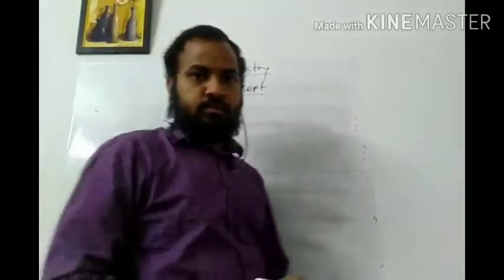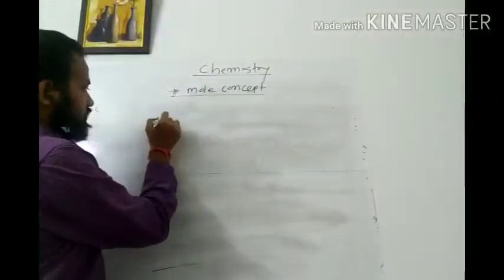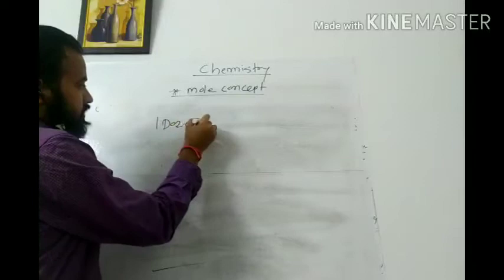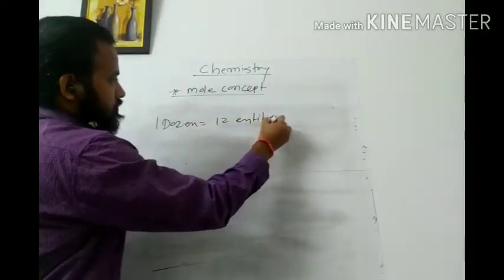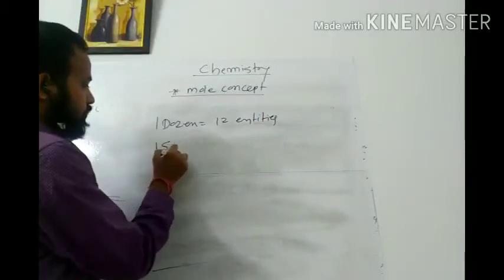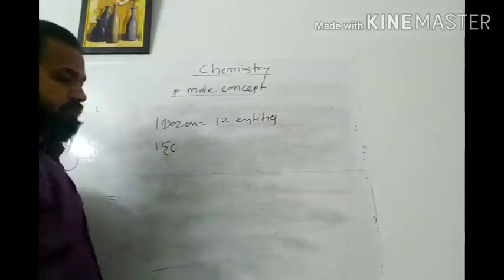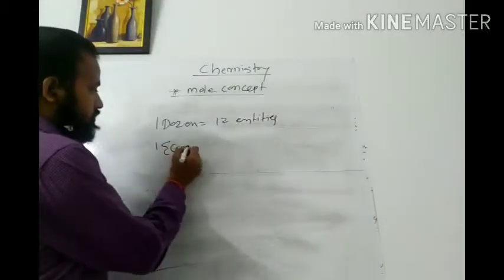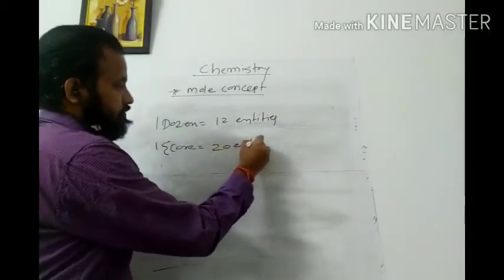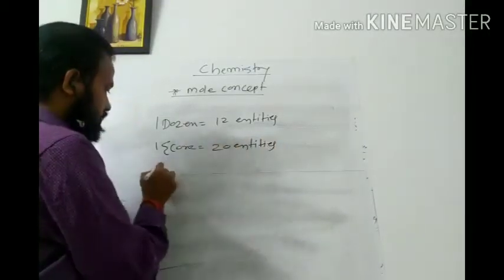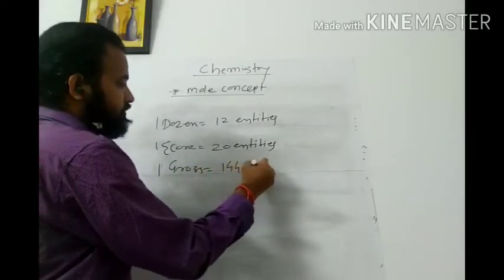Mole concept. Okay, basically as we already discussed, 1 dozen equal to 12 entities. Okay, similarly 1 score equal to 20 entities, or 1 gross equal to 144 entities.